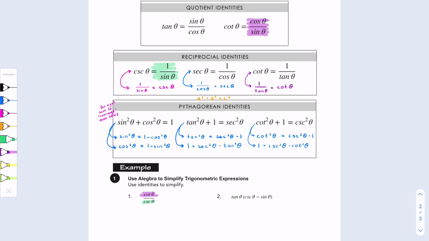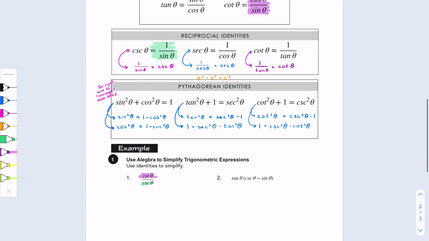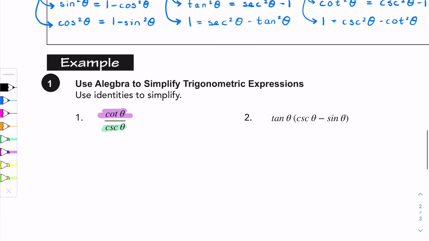I have one quotient identity in my numerator, one reciprocal identity in my denominator. So I can rewrite this as cosine of theta divided by sine of theta, all over 1 divided by sine of theta.